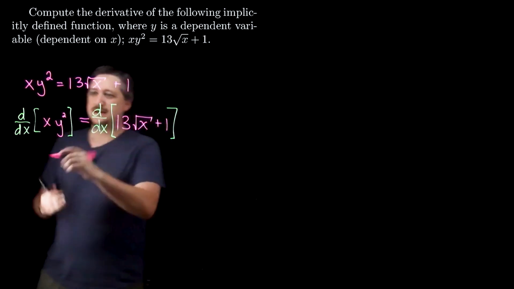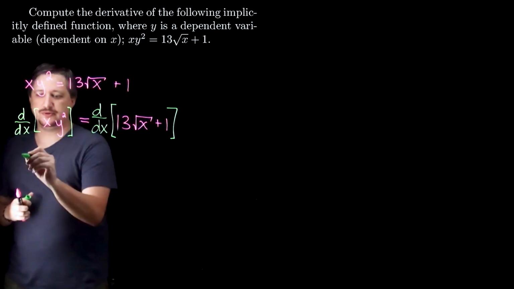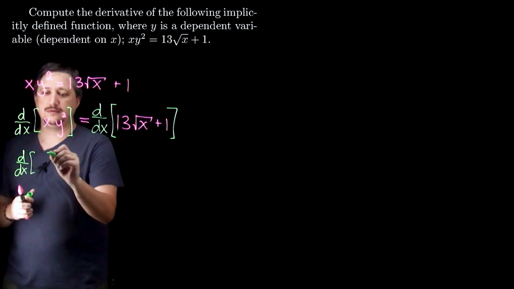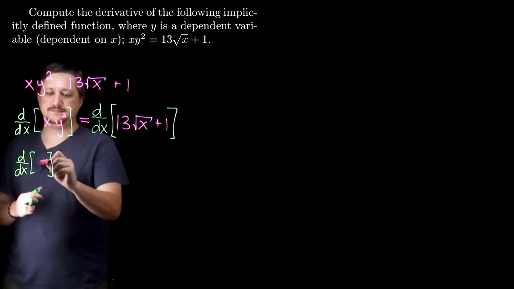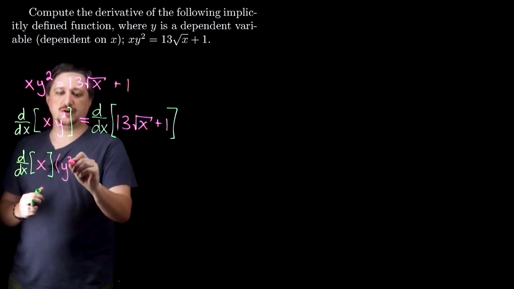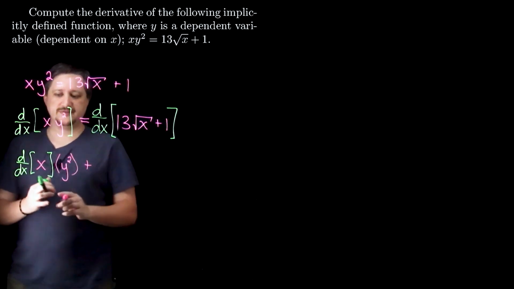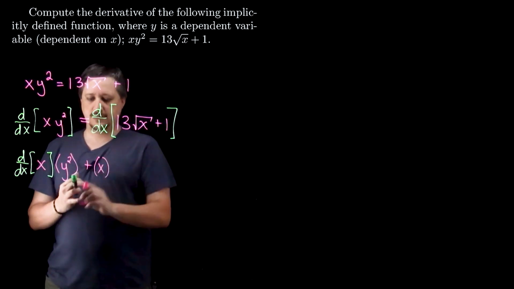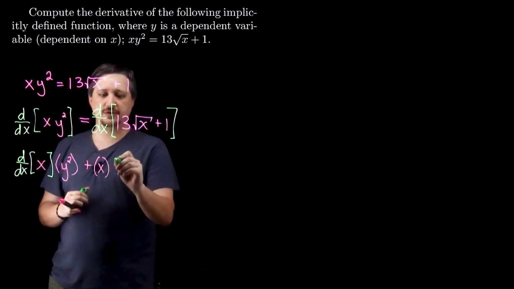So I want to do the derivative with respect to x of x times the second thing, just y squared, plus the first thing, x, times the derivative of the second thing.